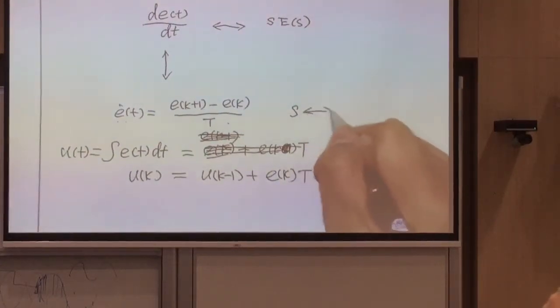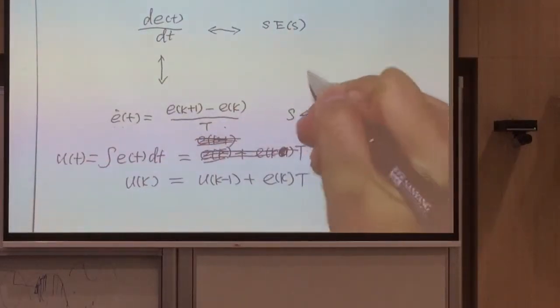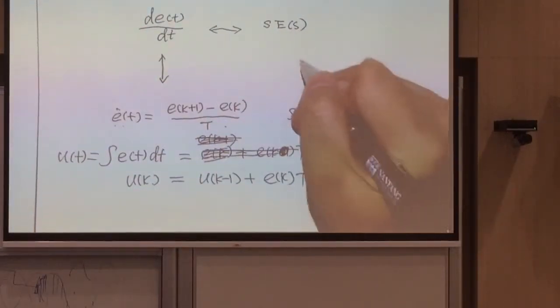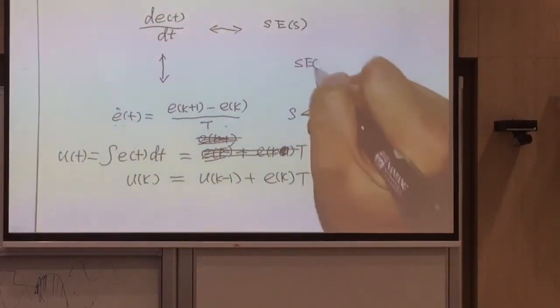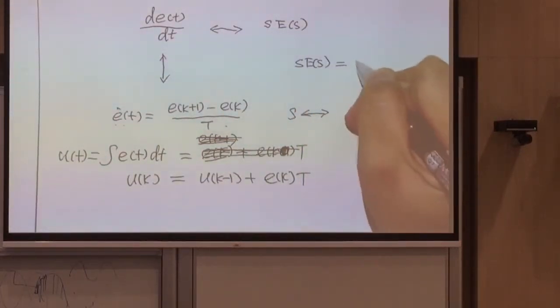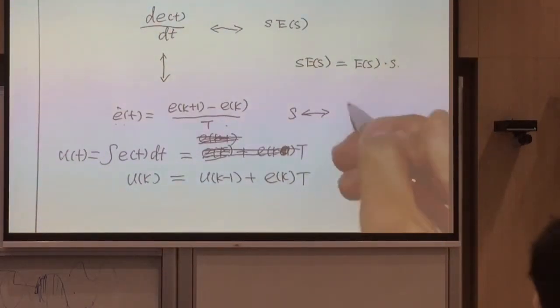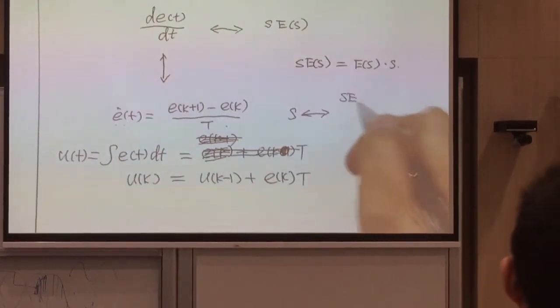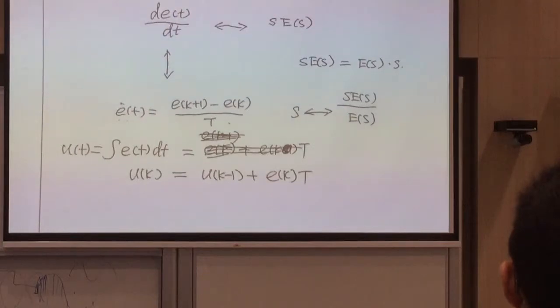So for your S operator, S times E(s) is equal to your E(s) multiplied with your S, right? So your S operator should be the differentiation divided by your original function, right?